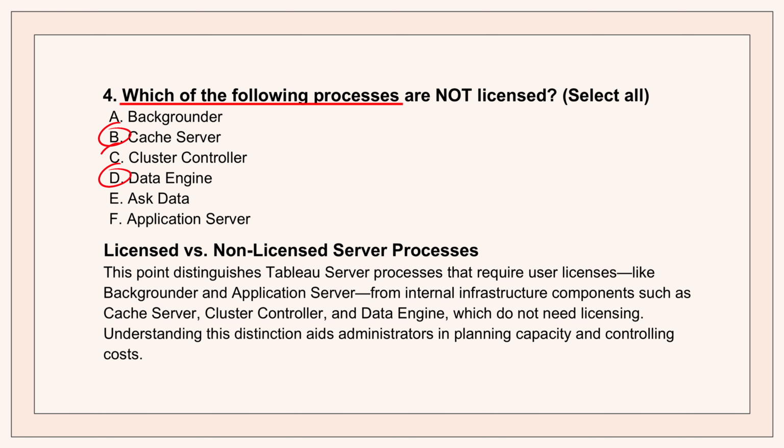So, Backgrounder handles things like extract refreshes and subscriptions, which often relate to creator or explorer actions. Right. Application Server handles the web interface and user sessions. And Ask Data is that natural language query feature, which is also a license capability. So knowing that helps you figure out your server topology and capacity without necessarily blowing up your license costs. Exactly. It helps optimize resources.